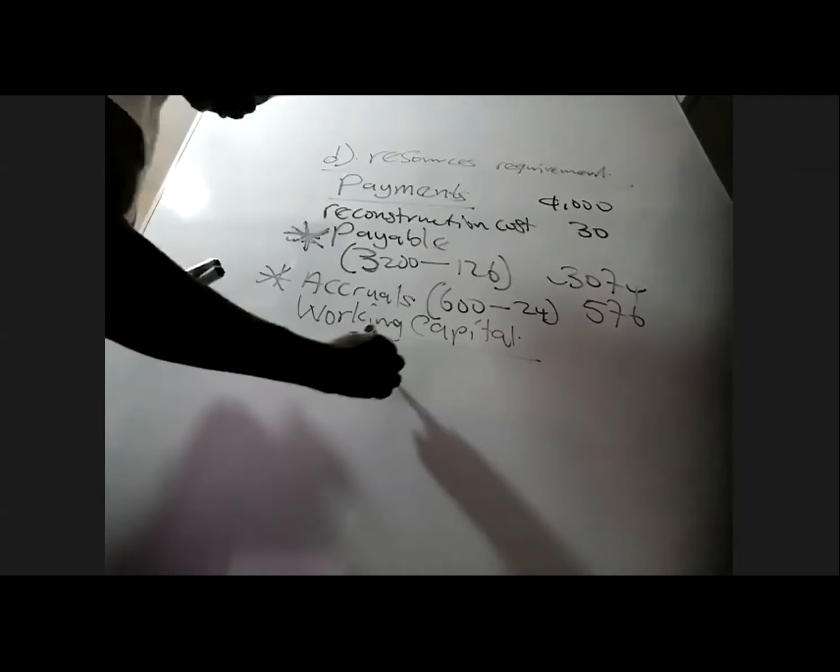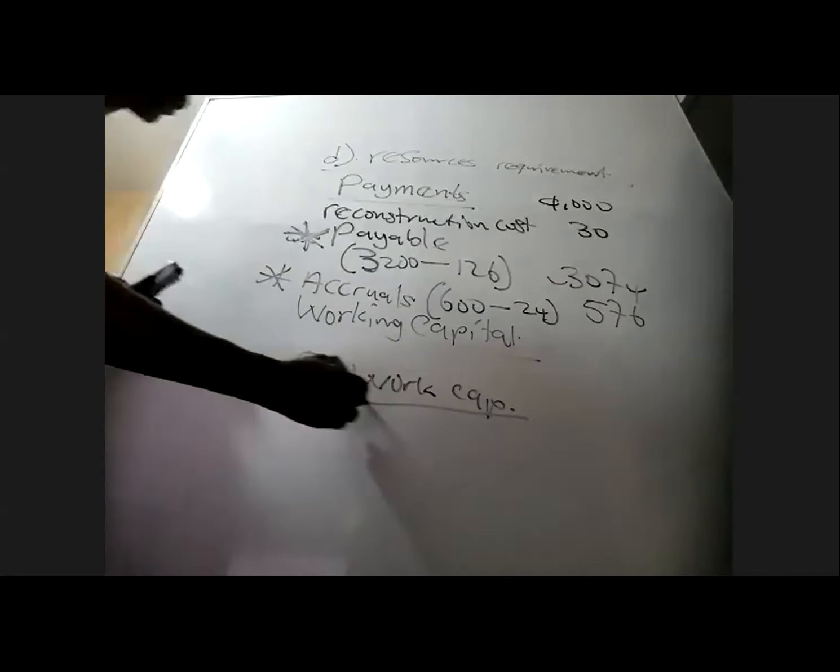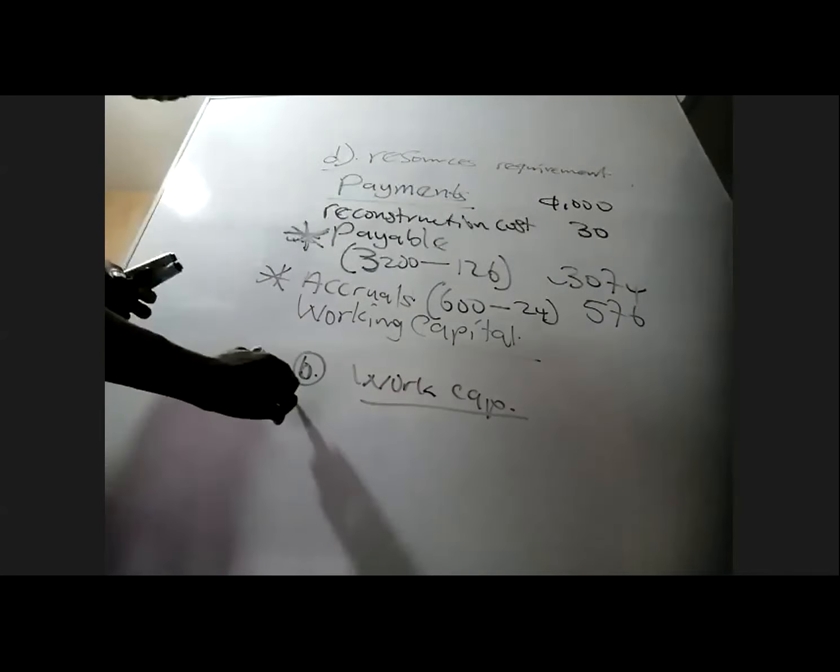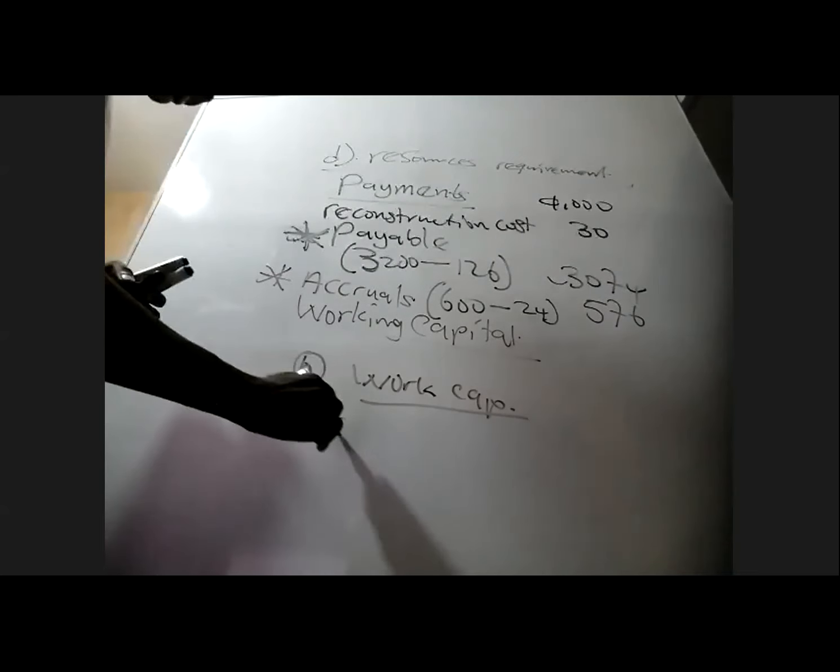So workings for working capital. So the new business, what will be the current assets? Just calculate the current assets in the new business. When I say new business, after the reconstruction, after the revival, what will be the current assets?